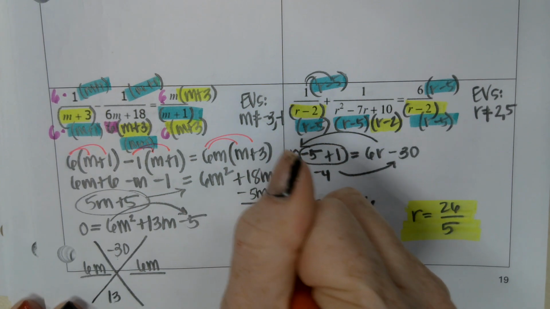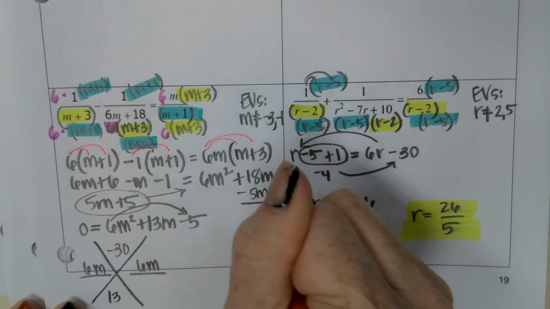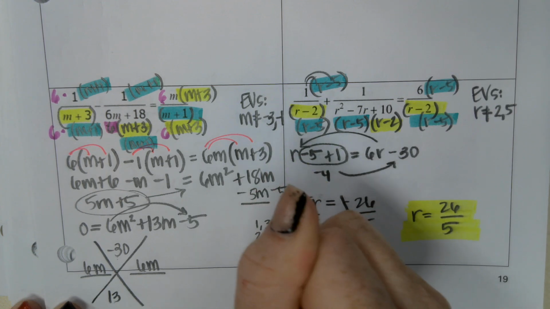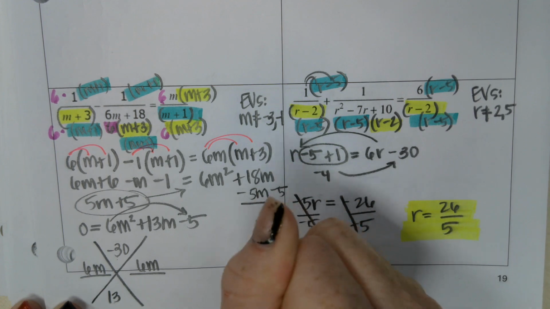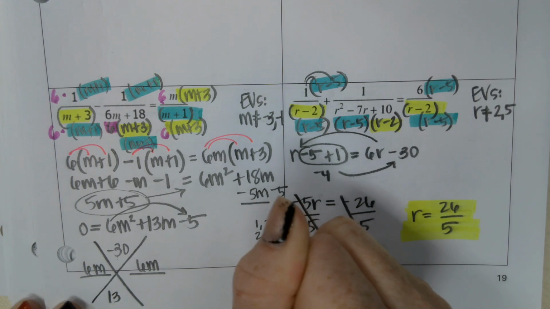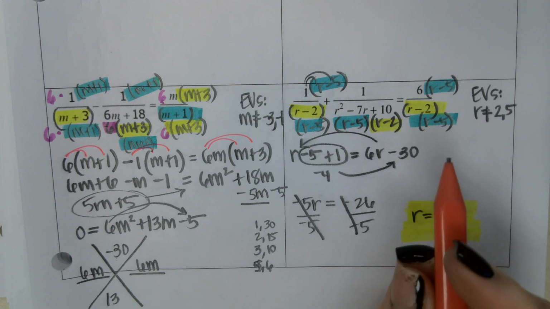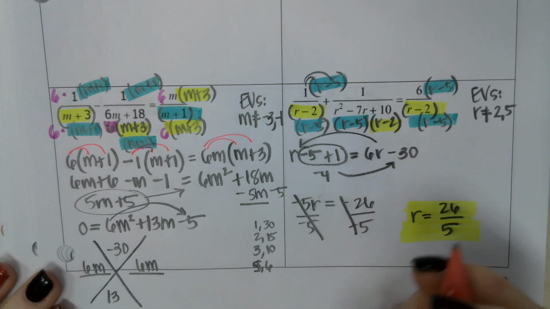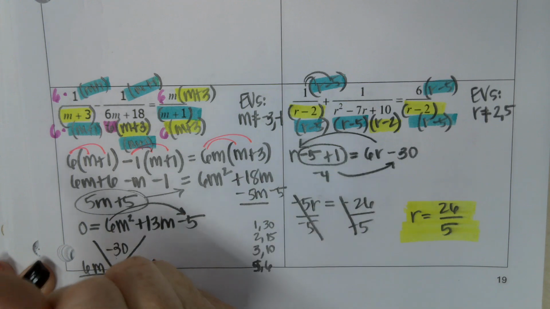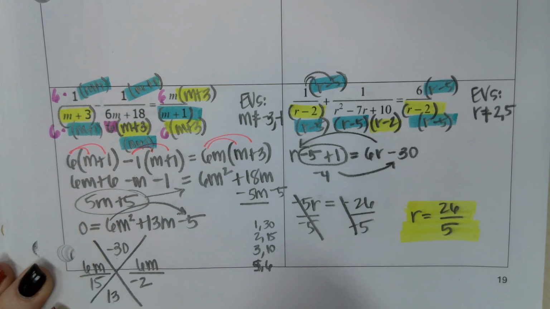You have 1 and 30, 2 and 15, 3 and 10, 5 and 6, 15 and -2. That'll give me the positive 13.